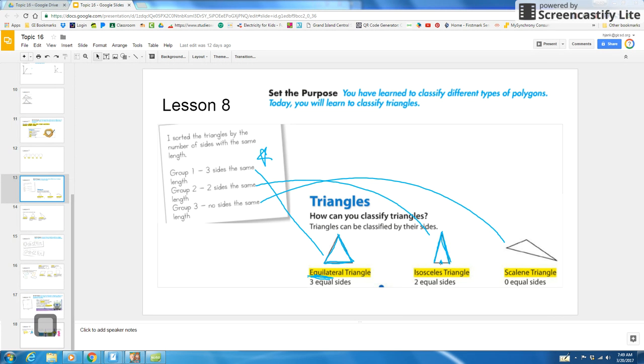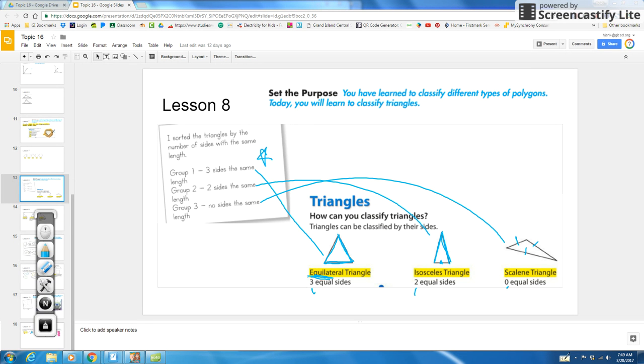And then we look at our scalene triangle, where all three of these sides are a different length, so there are no equal sides. So we have our equilateral triangles, our isosceles triangles, and our scalene triangles. It counts down, like 3, 2, we skip 1 and go to 0, because there are only 3 sides on a triangle.